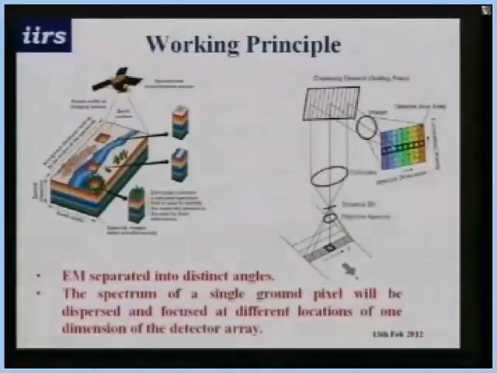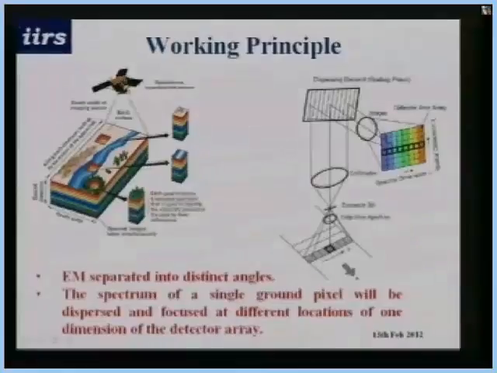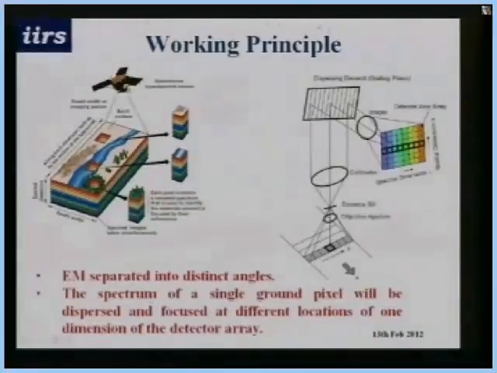You have a detector which measures the light reflected corresponding to that particular wavelength. So the major instrument which plays a significant role is this dispersing element, the grating element or the prism, which splits the light into different electromagnetic regions and parts the spectrum, and the detectors which measure these radiations.